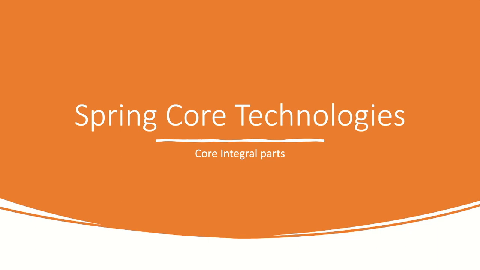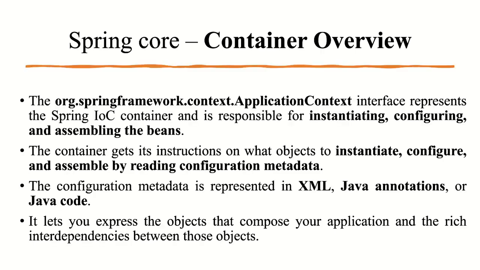So in Spring Core technologies, the first thing is we need to understand the Spring Core as a container. Spring, as a framework, has inside it a context which is called the application context.